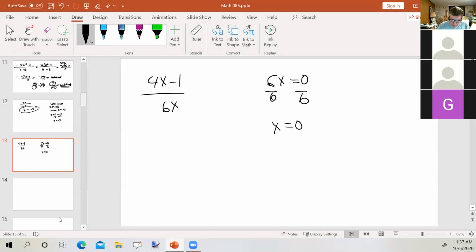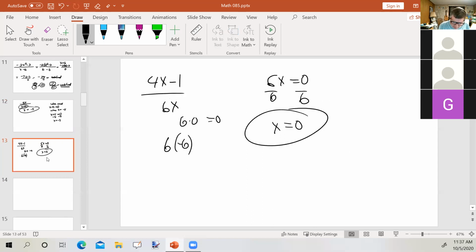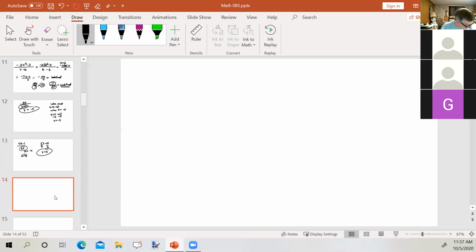Nope, 6 times -6 would give you -36. Here, if x is 0, 6 times 0 would be 0. So that's the value. Now, how is that different from the last one? Here, we were adding. Here, we're multiplying. 6 times 0 is going to be 0. So if x is 0, the denominator is 0. Are you seeing the difference there? Yes. Okay.